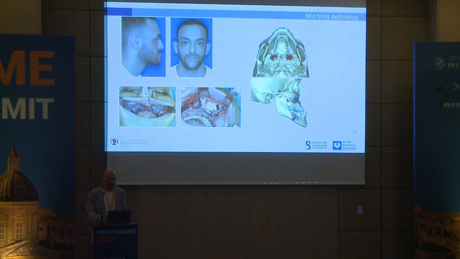It's interesting for those long faces, but class 3, with a hypoplasia of the medium third. The deficit here is not only based on the jaw, there's also a hypoplasia under the orbital bone with a pseudo-exophthalmia in this patient. And so in that case, we can plan an osteotomy where we're going to provide the valgus in the zygoma, and you see that the contraptions that we use are rather bulky.